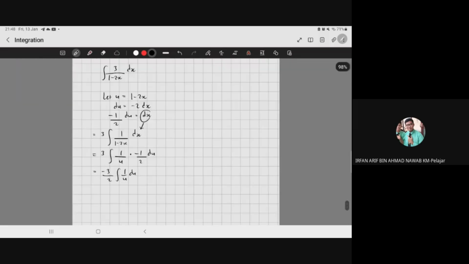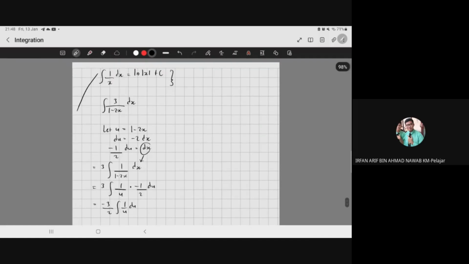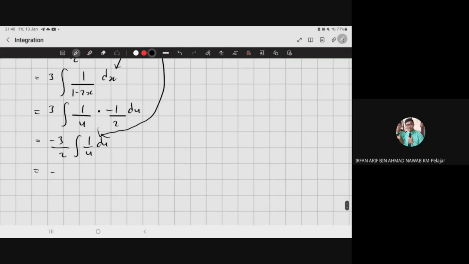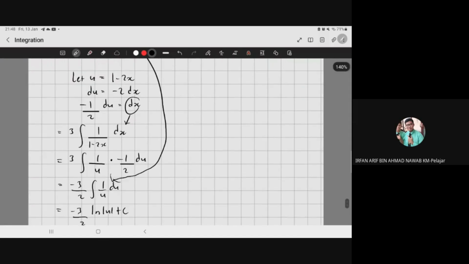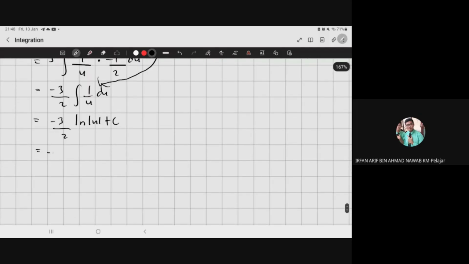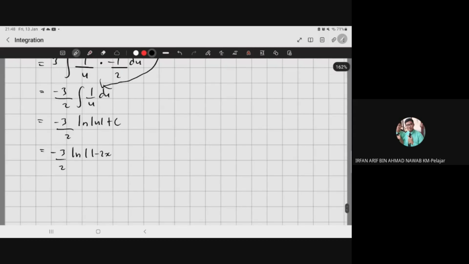You see there's a similarity between both of them. So just follow: you get negative 3 over 2 ln u plus c. But we know u is 1 minus 2x, so just resubstitute back: ln 1 minus 2x plus c.